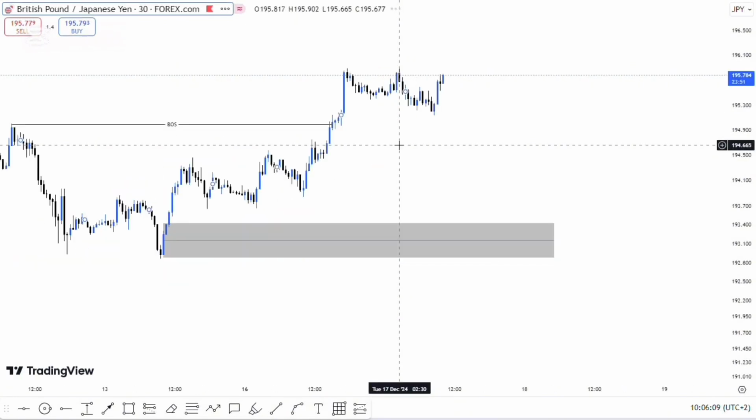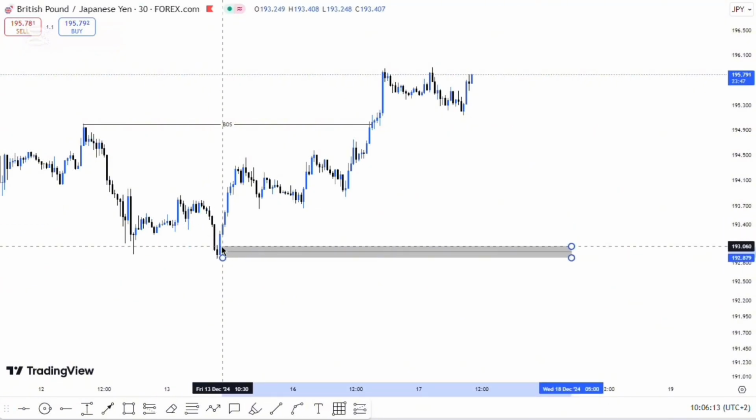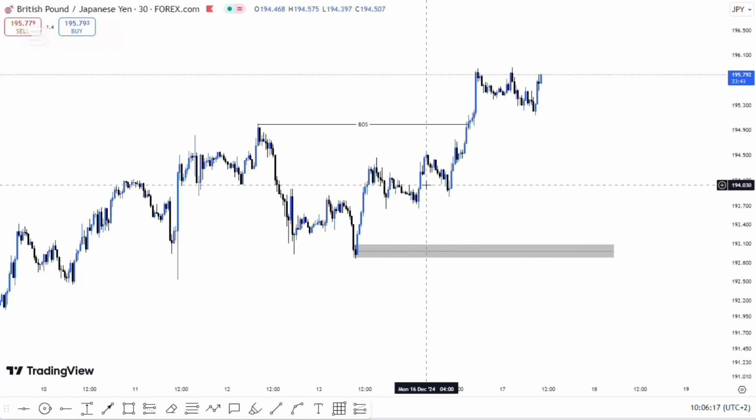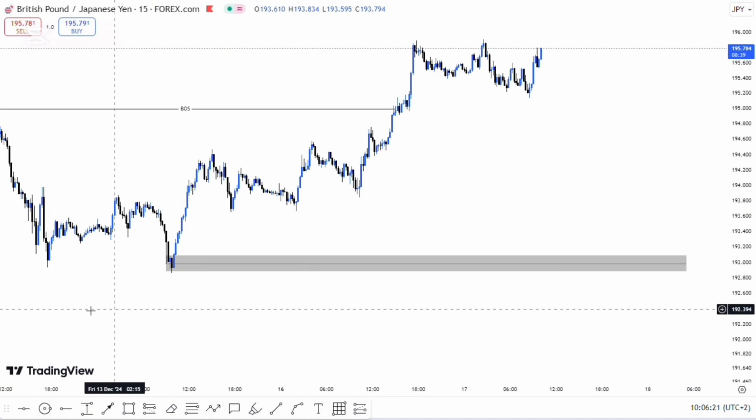So the order block from 30 minutes, let's refine the order block to the 30 minutes time frame, going to 15.